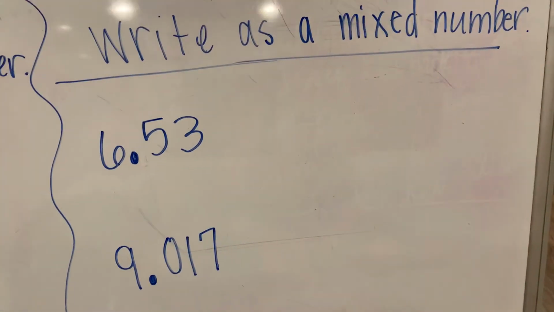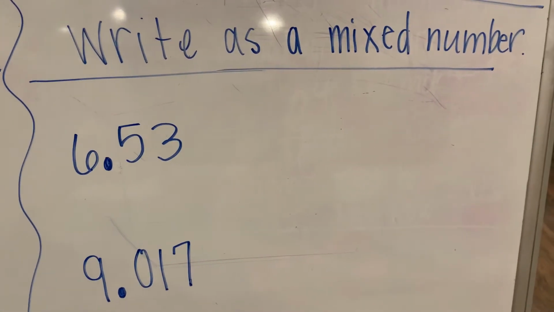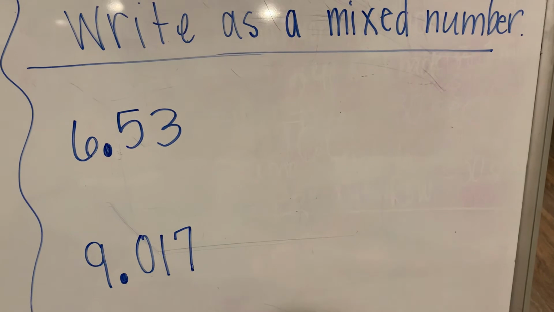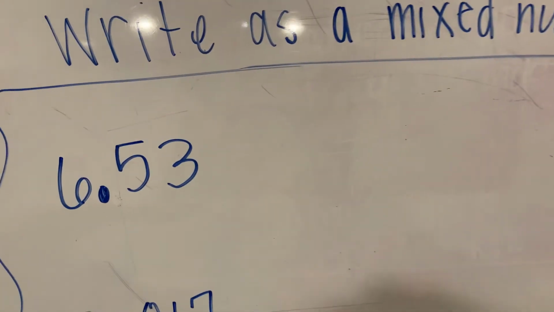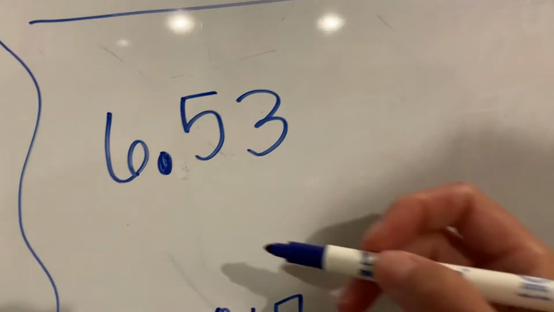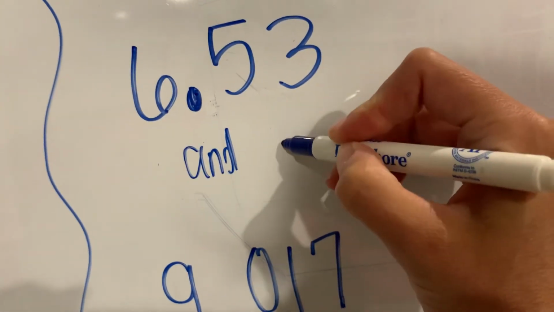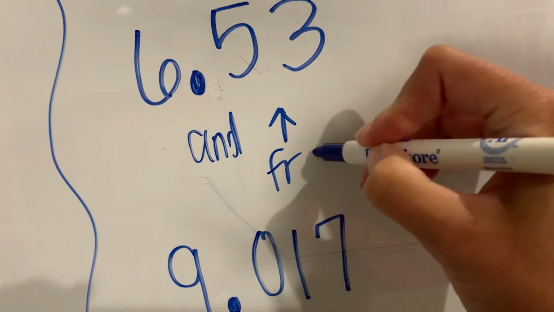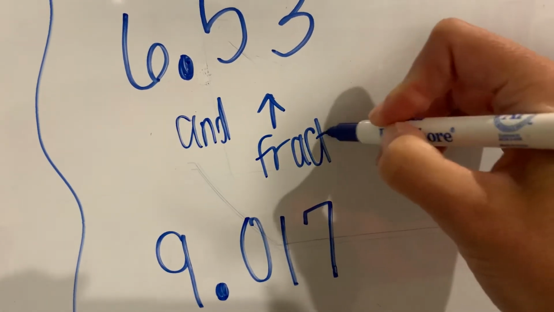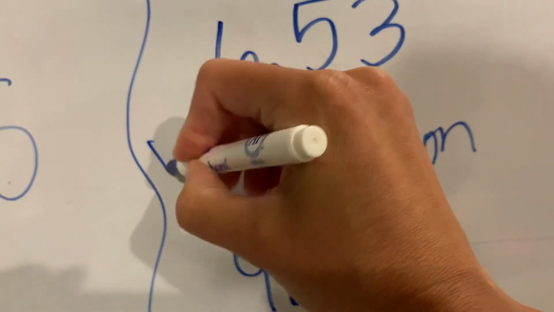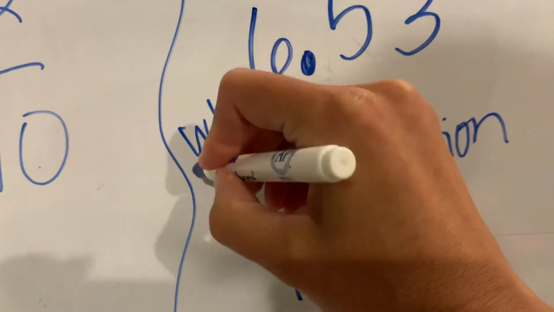So now if we move to this other side for your other IXL assignment, it says write these decimal numbers as a mixed number, okay? So this is where we need to remember that this decimal point means "and" and that this is going to be your fraction. And this is going to be your whole number.